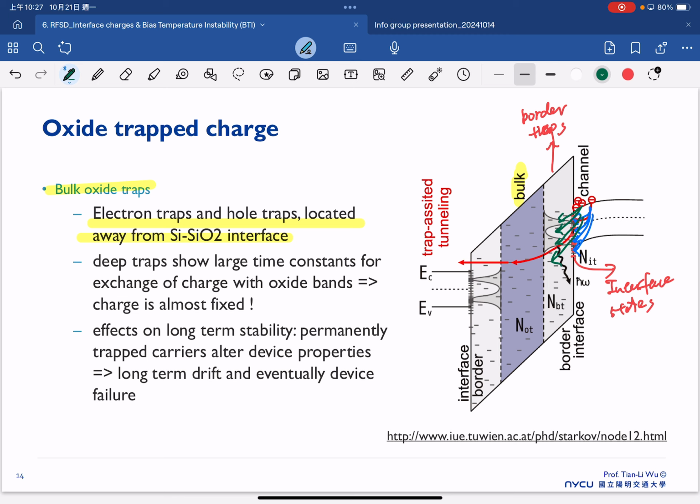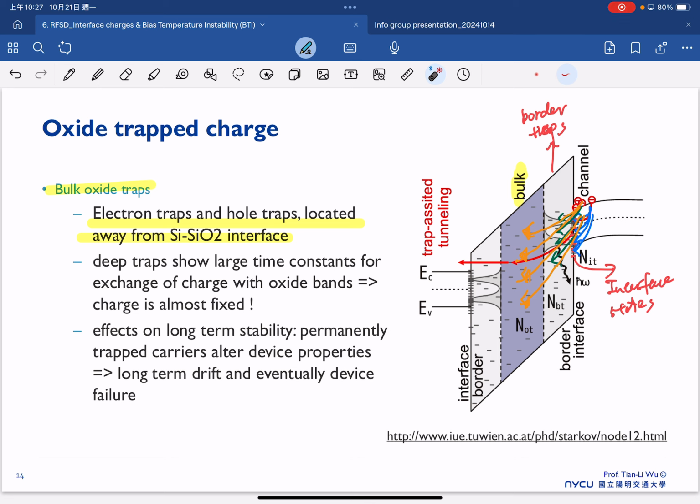Also, we have electrons that might be trapped in the bulk region as well, before reaching the other side and becoming the tunneling current. So actually there are different regions where the electron can be trapped.